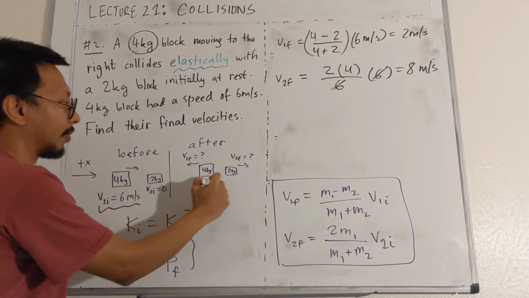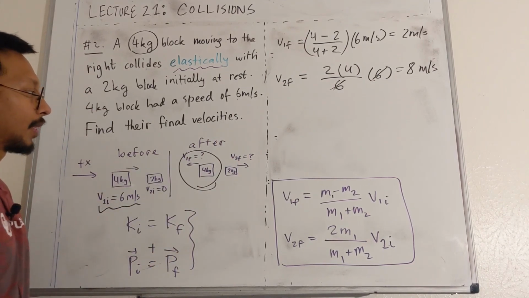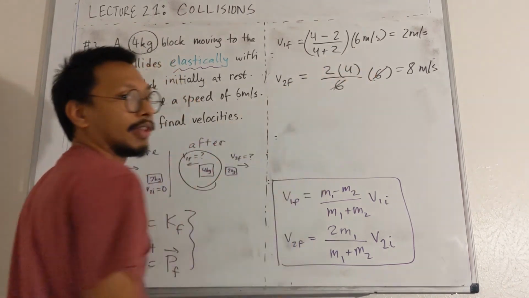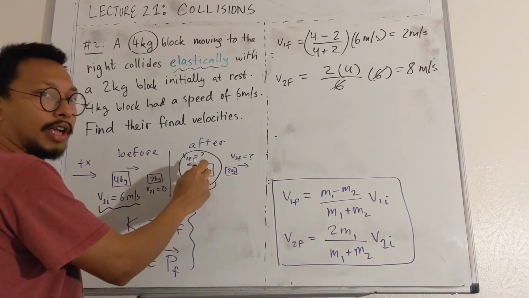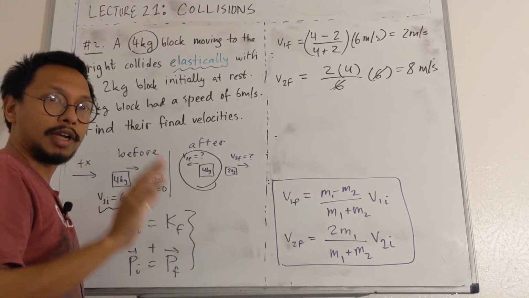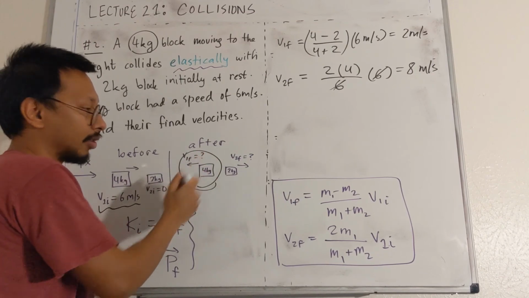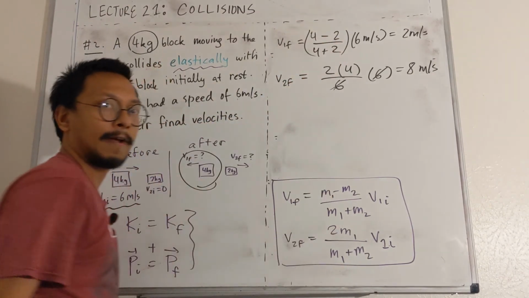But in my diagram, I chose the first mass to be moving in the negative x direction. It doesn't matter because I got the right answer in the end, right? So even if you draw your diagram incorrectly, it doesn't matter as long as you keep true to your diagram and keep consistent with the signs. Then you will always end up with the right answer.